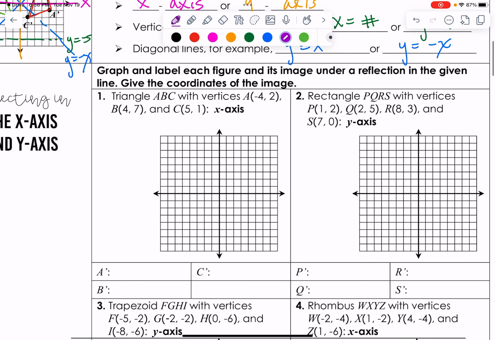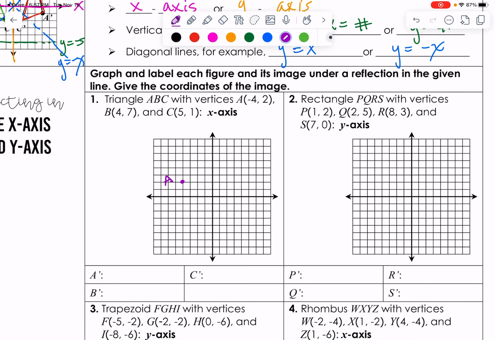A is -4, 2, B is 4, 7, and C is 5, 1. So here's our original triangle, our pre-image. And we're going to reflect it over the x-axis.